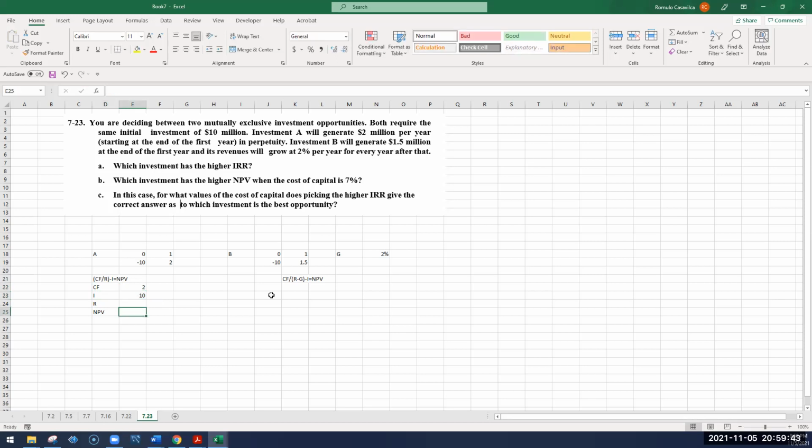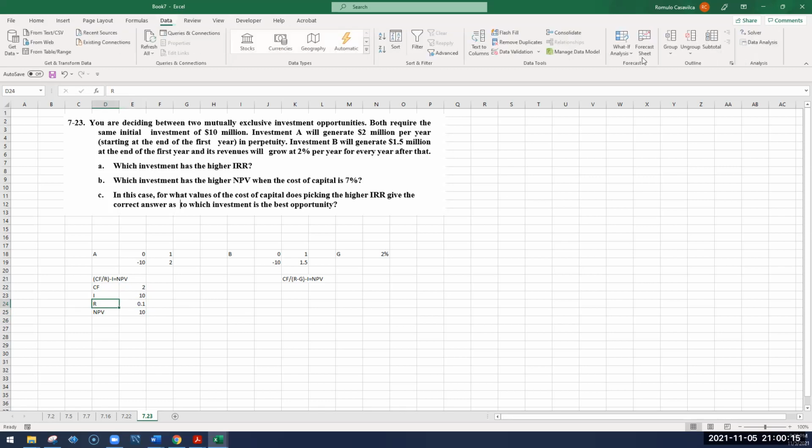But I know NPV is the cash flow divided by R minus the investment. I will put any value here, say 10%, whatever. We need to find a value that makes NPV 0, so I will do this.